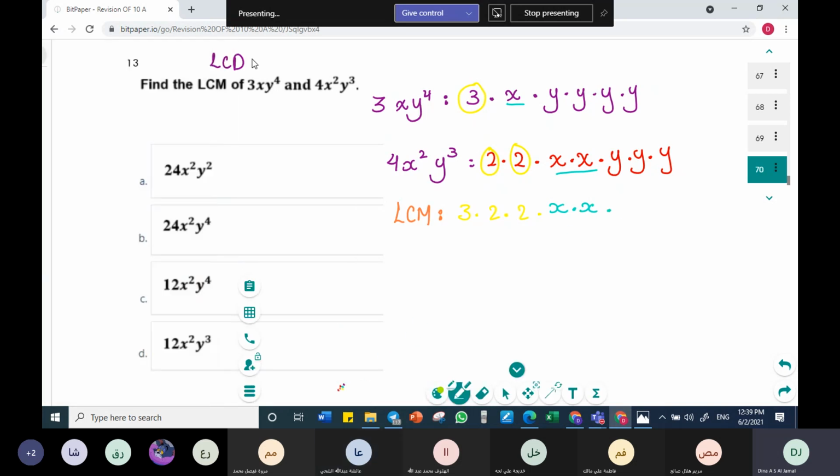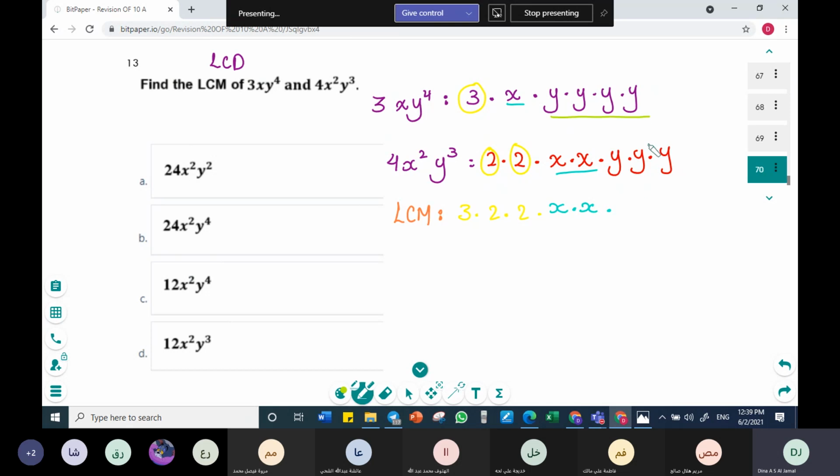Lastly, you have the y 4 times here, here 3 times, so I will take 4 times. If I simplify this, I will have 12x squared y to the power 4. And this will be your answer, and this is the final question.